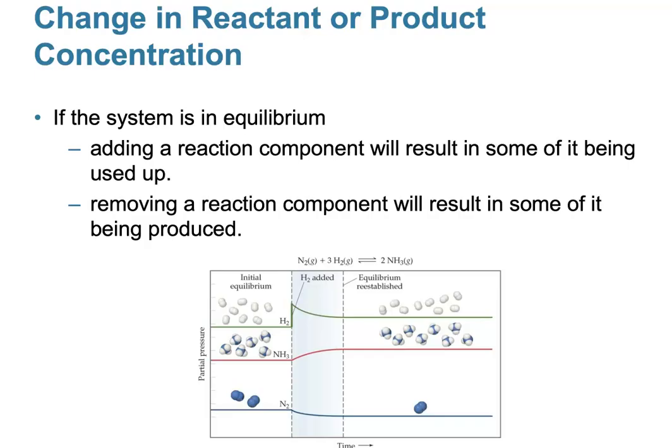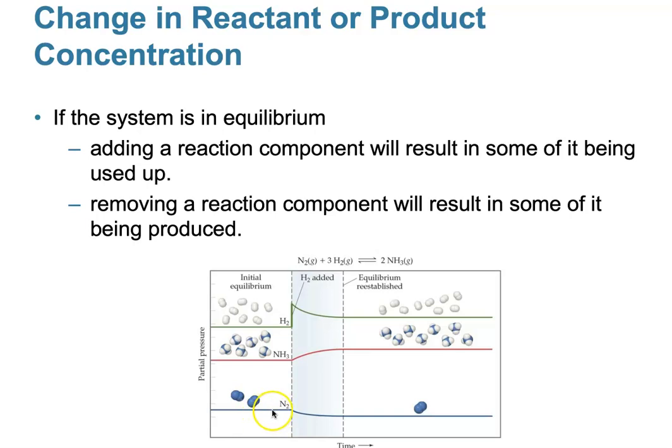So if I have more H2, what's going to happen? I am going to make more product. I'm going to make more NH3, and then you can see that equilibrium is reestablished because of the flat line again.